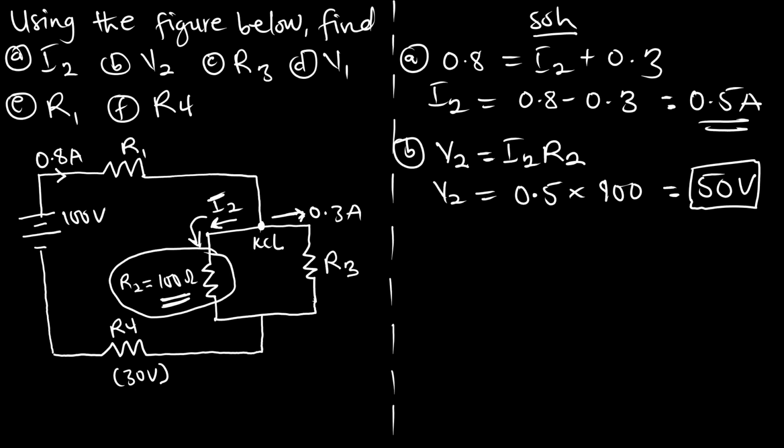Now, let's look at the C part, which says we should find the resistance R3. So what do we see here? We have to do some analysis so that we can get R3.